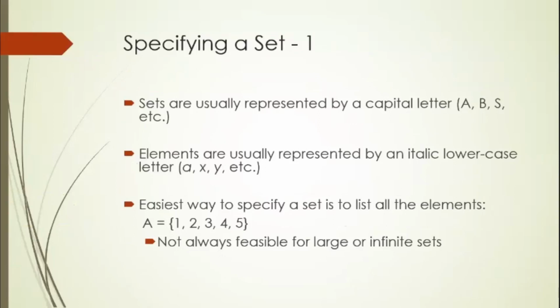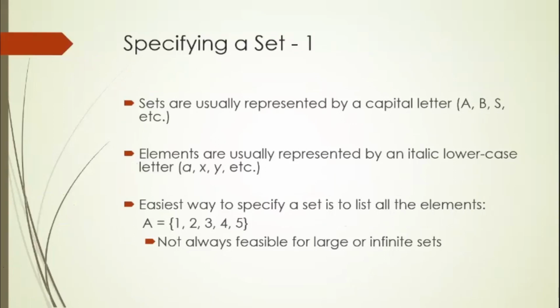There are times that it is not feasible to list all the elements, especially if they are too large or they belong to infinite sets. Let's say, for example, the answer for that particular question is the natural counting numbers from 1 to 100 million.